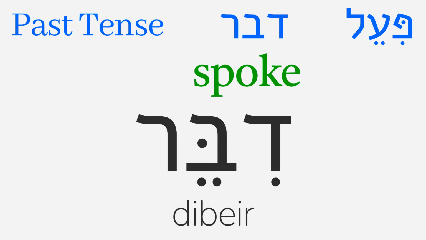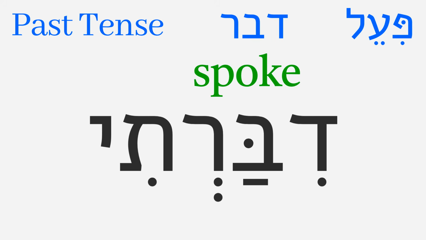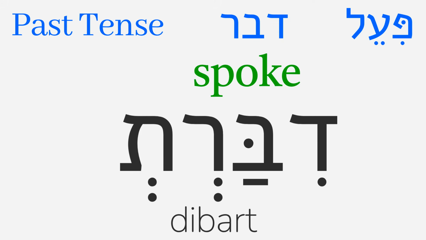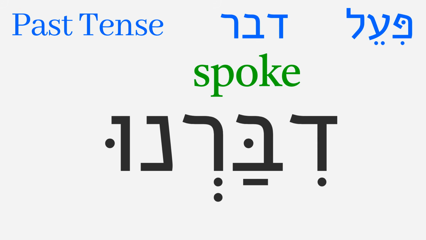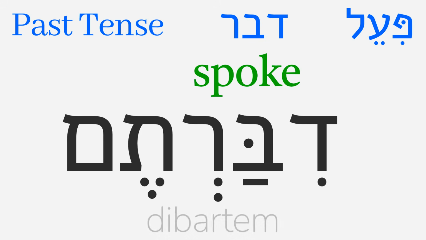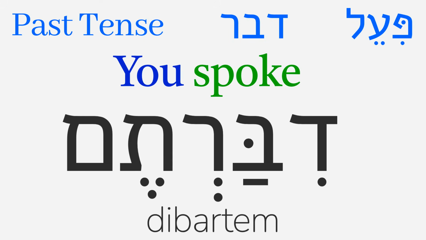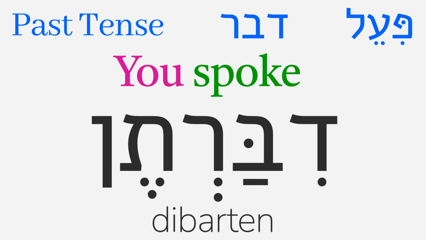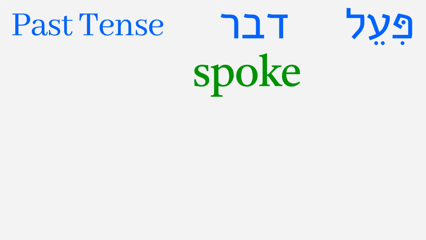With most forms, we take diber and change its tzere to a patach before adding the endings ti to make dibarti, I spoke, ta to make dibarta, you spoke masculine singular, t to make dibart, you spoke feminine singular, nu to make dibarnu, we spoke, tem to make dibartem, you spoke masculine plural, and ten to make dibarten, you spoke feminine plural.